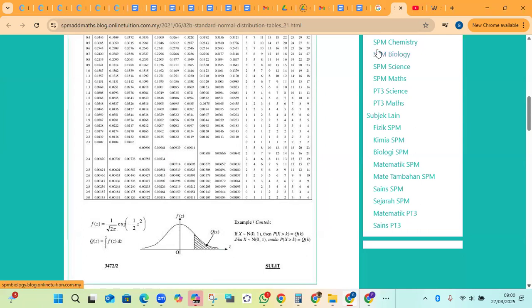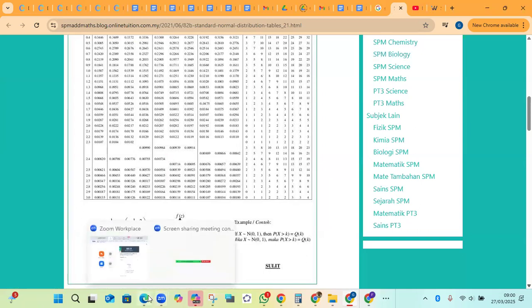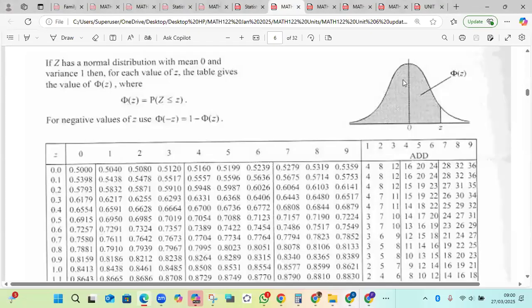Whereas the table we'll be using will give you a big chunk, not a tail, a big chunk. And as you can see, all the probability values are more than 0.5, starting with 0.50 and more. As we're going higher up the scale, the probability values are increasing, starting from 0.50, and then up and up and up.